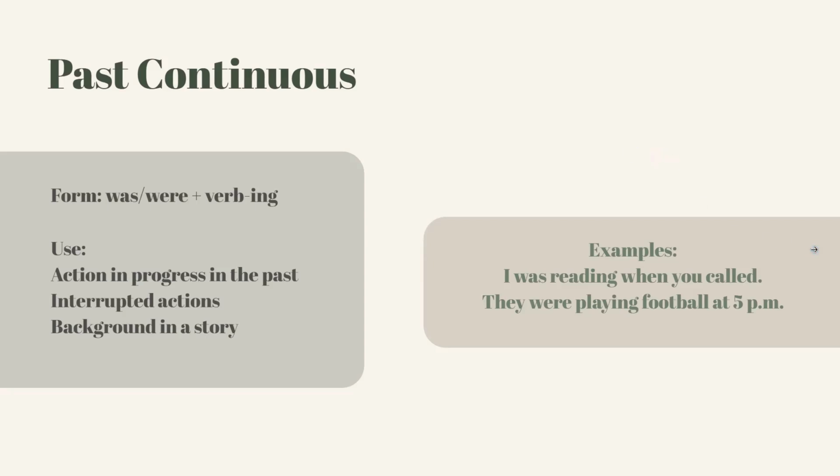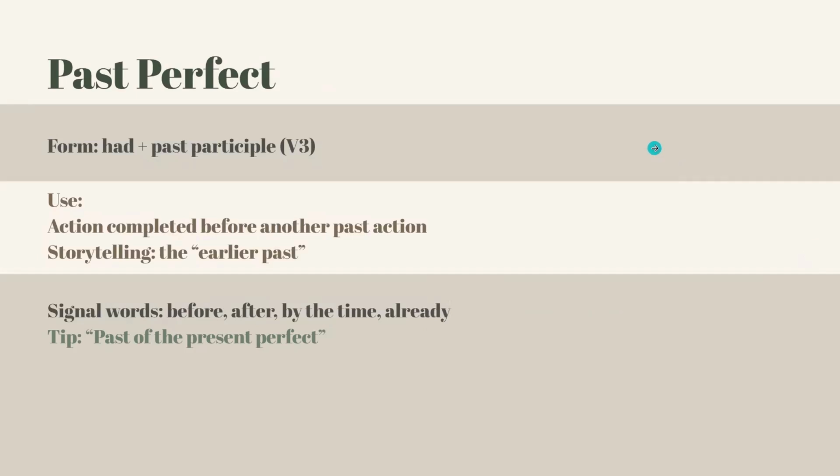And let's continue on with past perfect. So we use past perfect to talk about an action that happened before another action in the past. This is one of the trickier ones again. So it might be a little hard, but I'm gonna explain it to you.